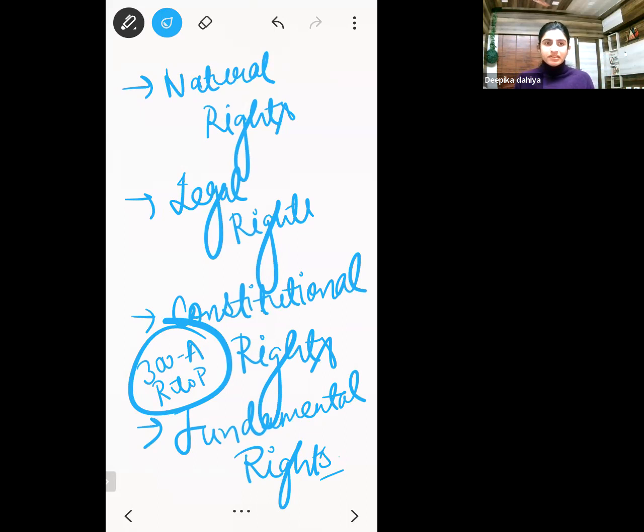Okay, for example, let me take the example of right to contest elections. Now, the Constitution is not talking about this thing. It is the Representation of People's Act. I don't remember whether it's 1950 or 51. Sorry, pardon.